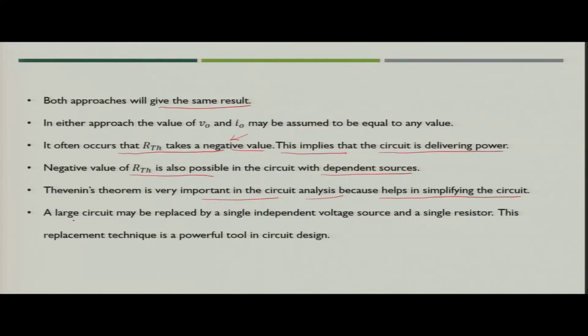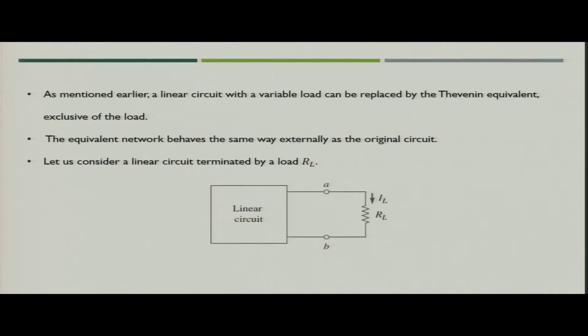That is why the Thevenin equivalent replacement technique is a very powerful tool in our circuit design.